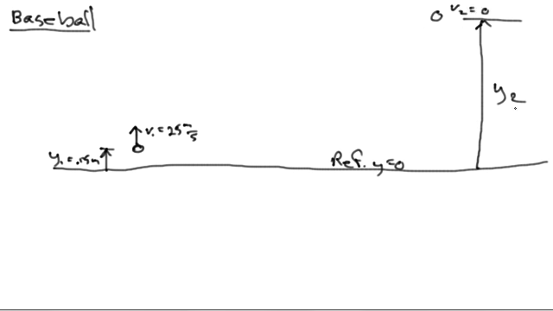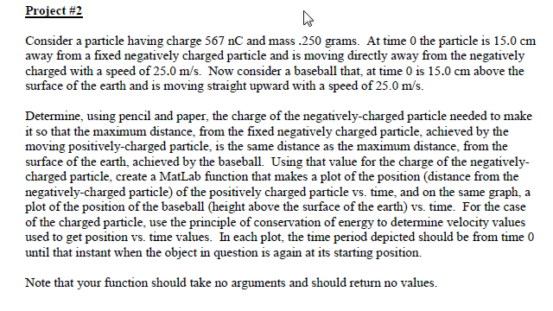And so I'm trying to find y2. Let's make sure I got values right. 15 centimeters and 25 meters per second. Baseball starts 15 centimeters above the surface, and we move straight up with 25 meters per second. Okay.